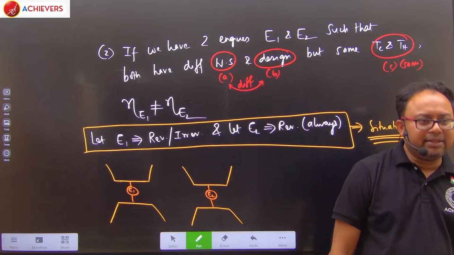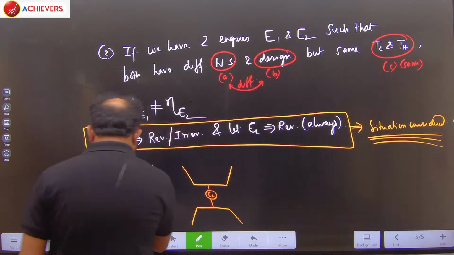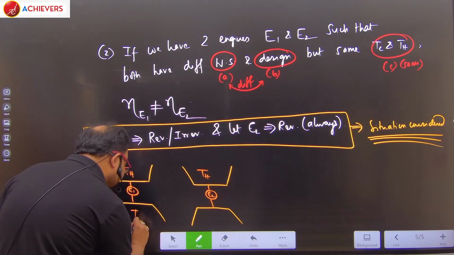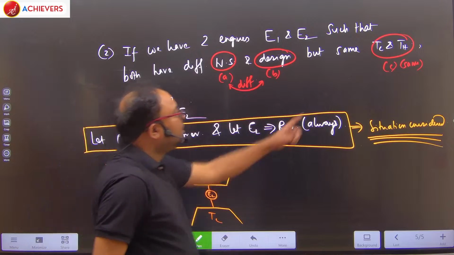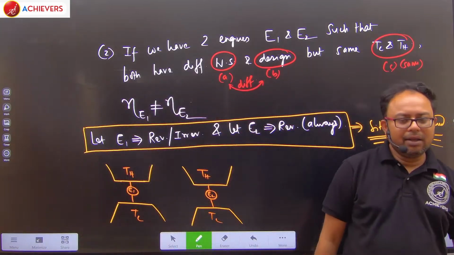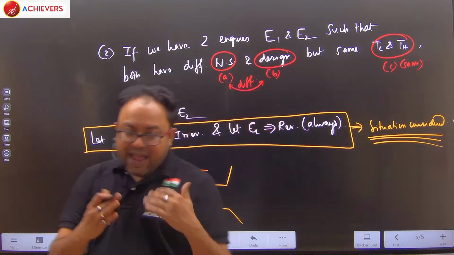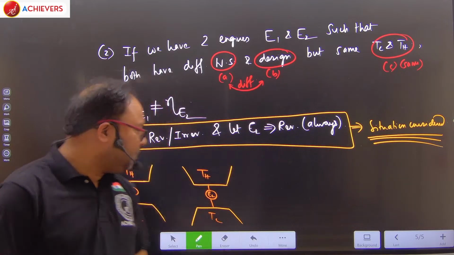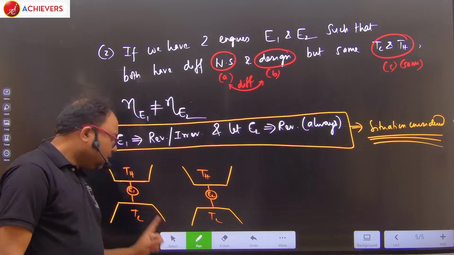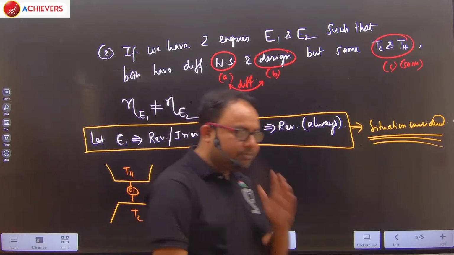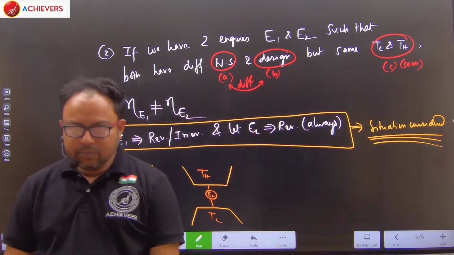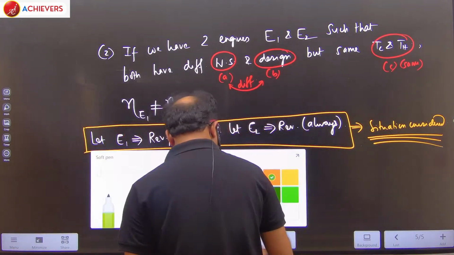For these two engines, you have same TH and same TC. So the third parameter on which eta depends remains the same. That means for both the cases TH is same, and for both the cases TC is same. This holds true.